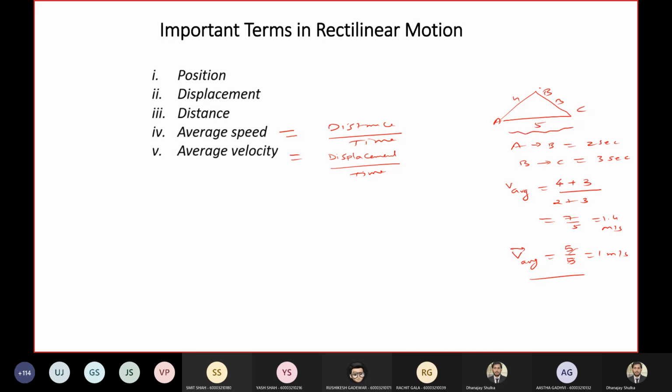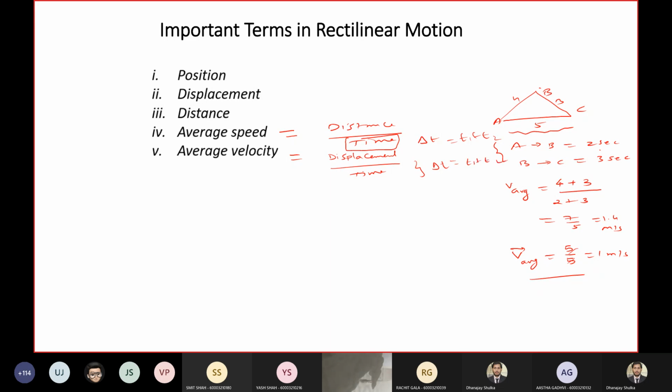I hope this is very clear to you. It is for a particular time interval, delta t. Here delta t was 2 plus 3, that is t1 plus t2.